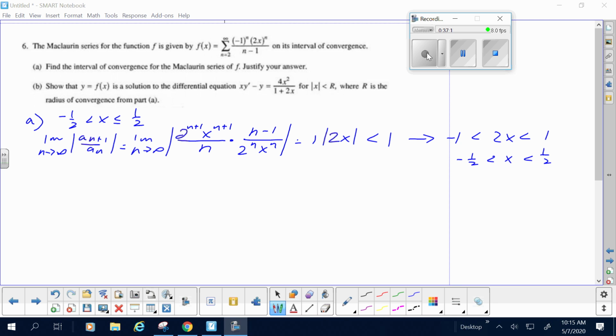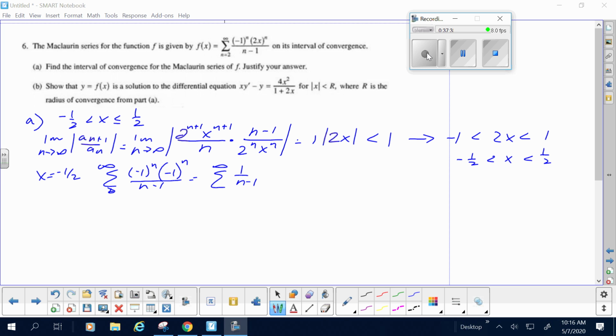All right, now the endpoints. At x equal to negative 1/2, the series becomes something like negative 1 to the n, and negative 1/2 times 2 is negative 1, to the n over n minus 1. That is the same as 1 over n minus 1.